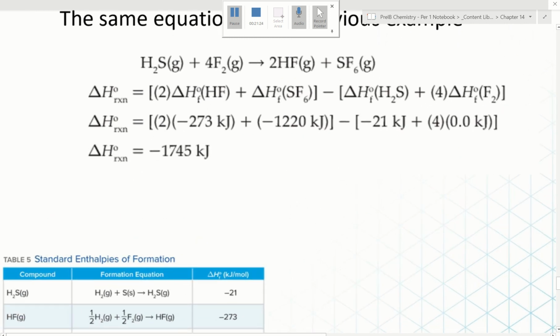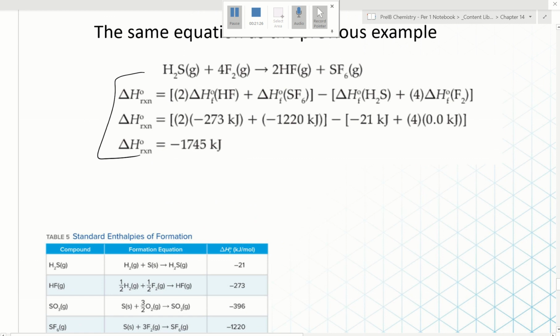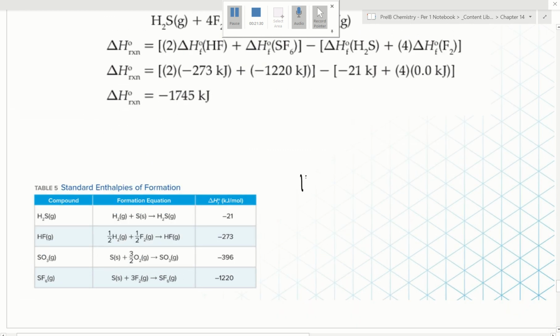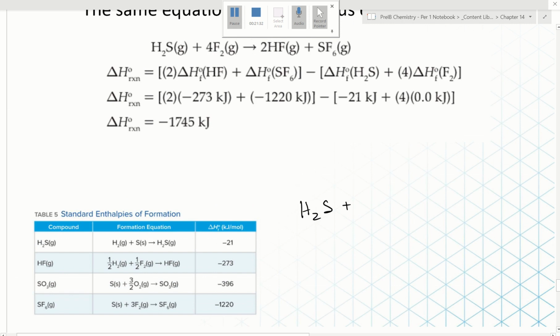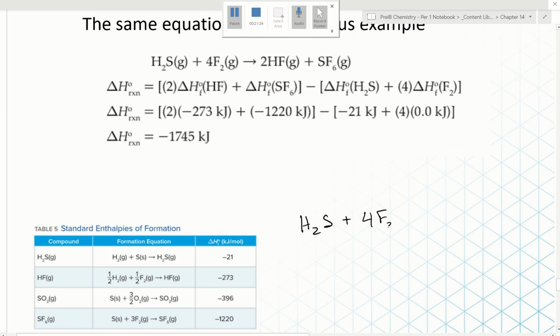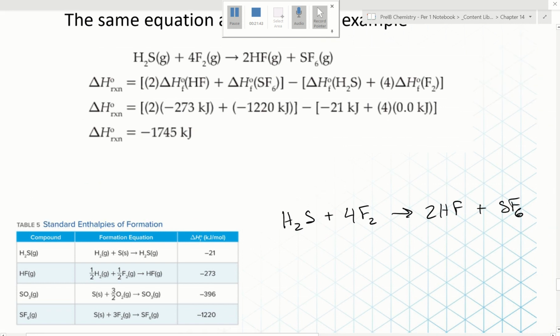This is solved here, but I'm going to do it again so you can see what we're doing. I'm going to take H2S plus 4F2 yields 2HF plus SF6. And I think when you see this, you're going to be like, oh yeah, that's way easier than trying to do it Hess's law. What I like to do is just put the enthalpies of formation for each thing just above it.